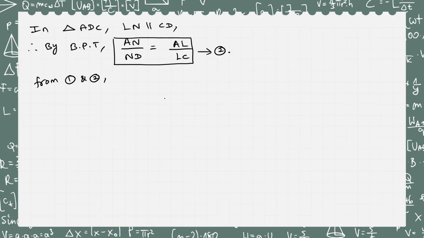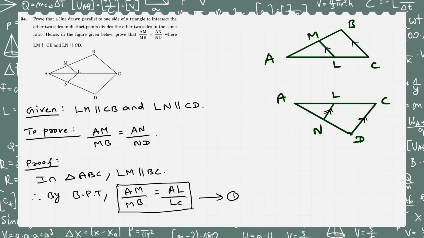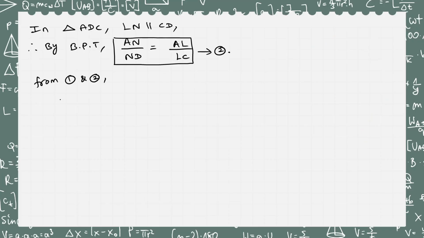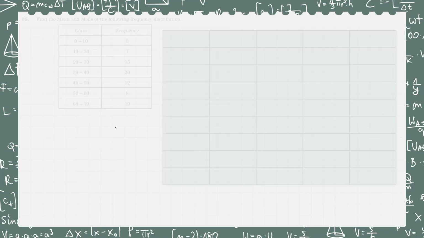So their corresponding LHS are supposed to be equal to each other, and the LHS of equation 1 is AM by MB. So AM by MB should be equal to AN by ND, which is the LHS of equation 2, and that is the ratio they are asking us to prove. Okay, the sum is over, so hence proved. That's it. Okay, let us move on.